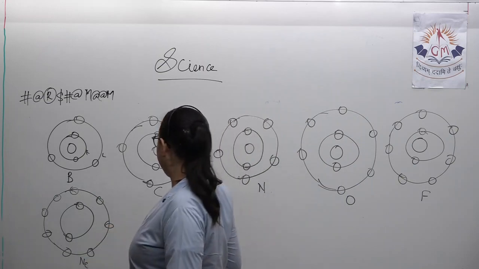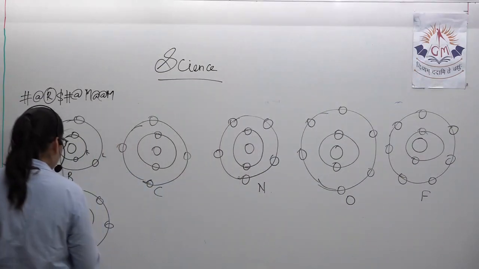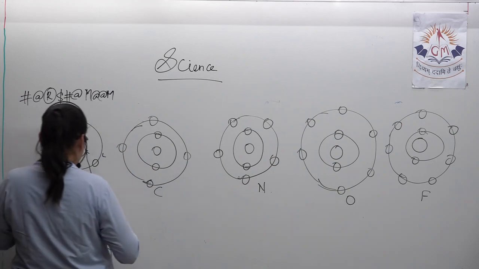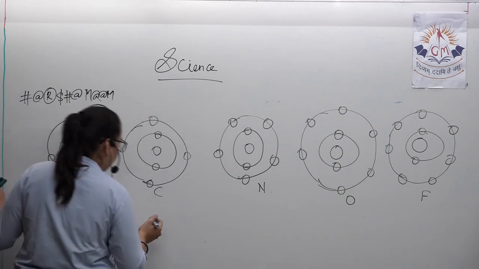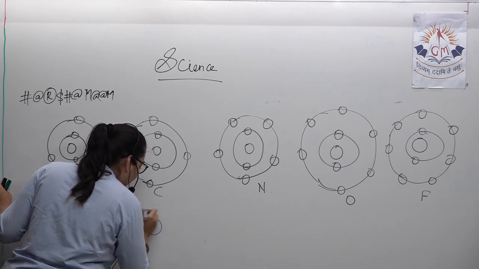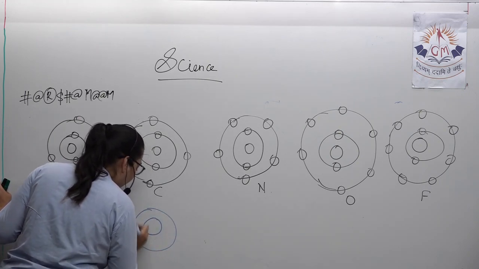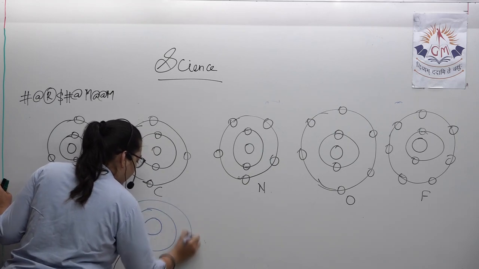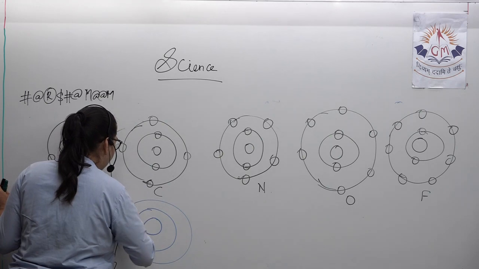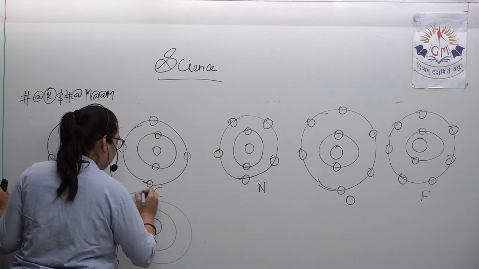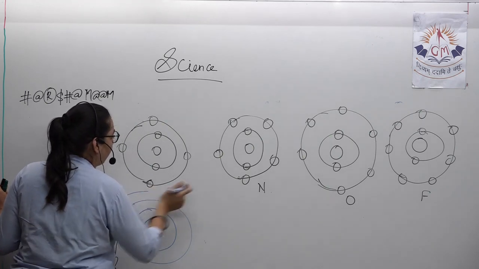So after neon, you have sodium. In the sodium, the third orbit will also come.